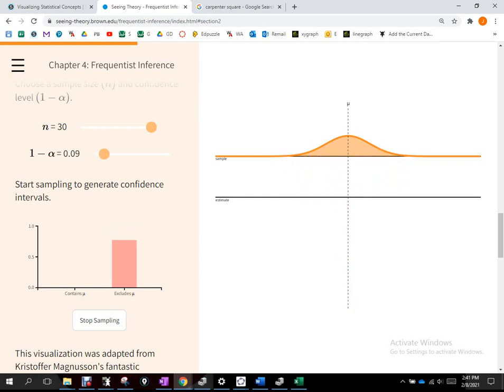But as I go, maybe I want to be 50-50, and this is calculating which ones capture the mean and which ones didn't. If I'm 50-50, then 50% of the time my sample is going to capture the mean, and 50% of the time it is not. Okay. Well, I mean that's over the long term.